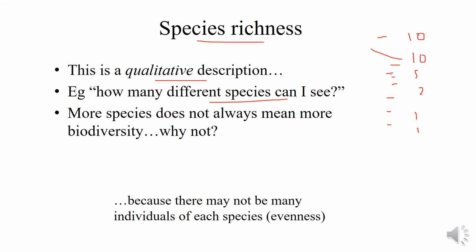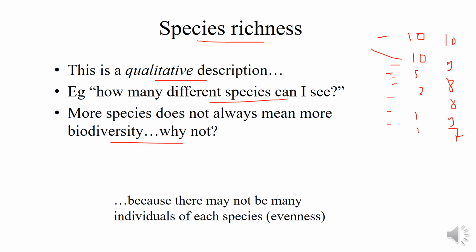This is not that rich, because each and every species should have a very high number of individuals. If you check this one, 9, 8, 8, 8 and 9 or 7, this is much richer, because each species' individual number is also high. So more species does not always mean more biodiversity.